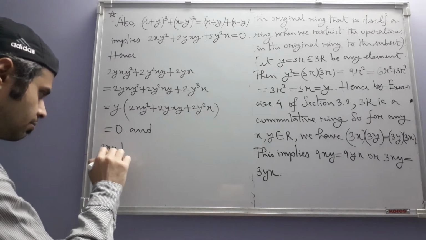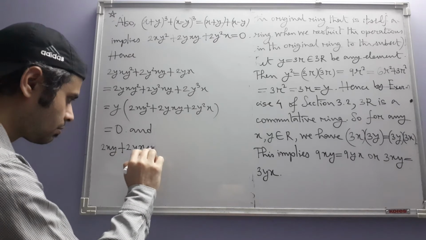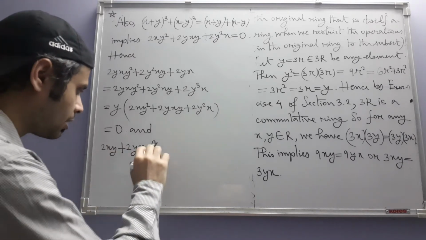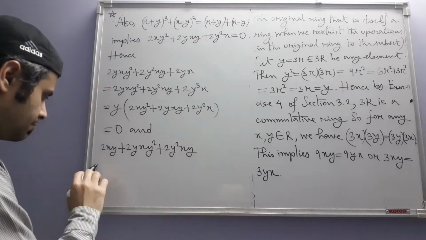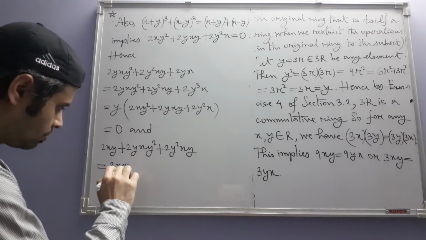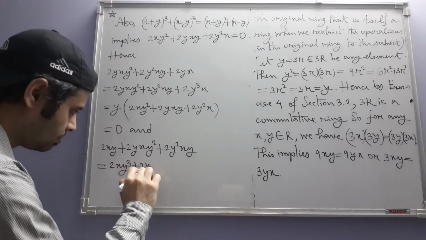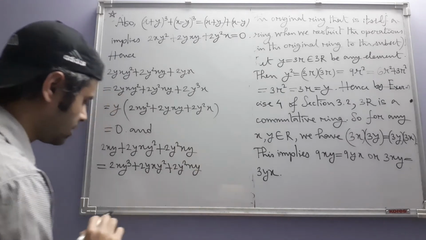And there is one similar calculation. 2xy plus 2yxy square plus 2y square xy. This is equal to 2xy cube plus 2yxy square plus 2y square xy.